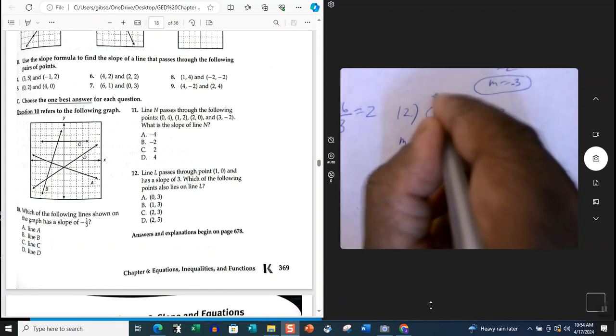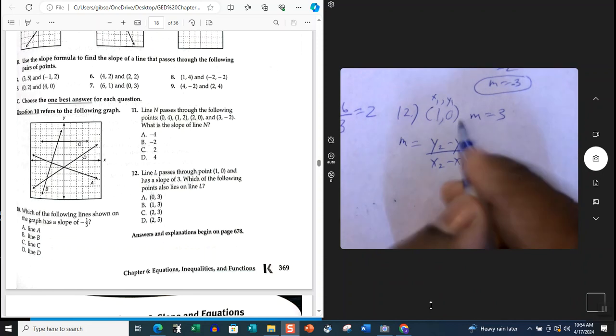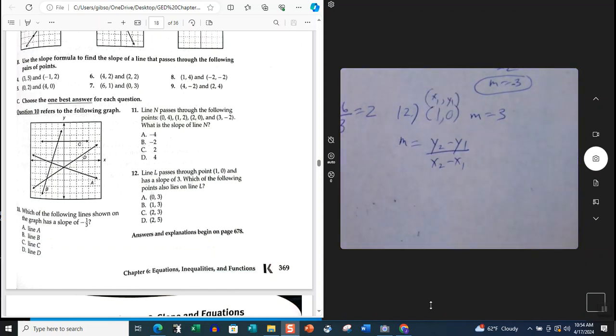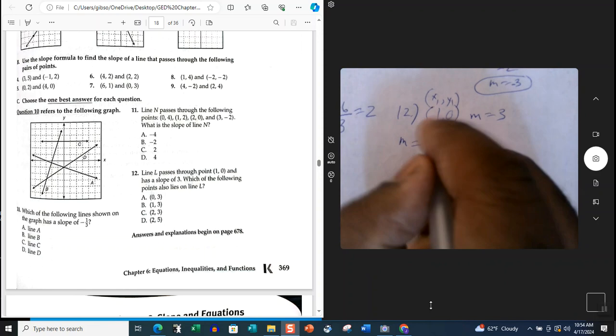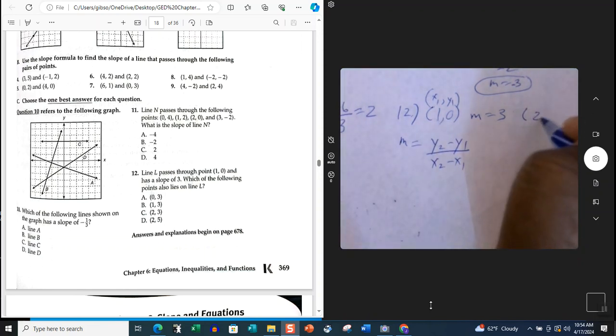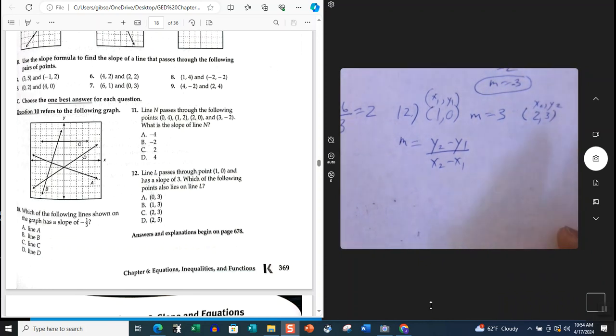So here, this is our x1 and our y1. Now we need to do our x2 and y2. This is where that other ordered pair comes into play. We're going to use that ordered pair, the 2, 3. I'm going to write it here. With 2, 3, we're going to do that as x sub 2 and y sub 2.